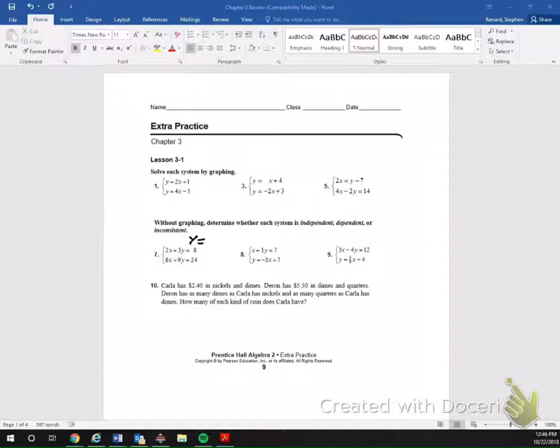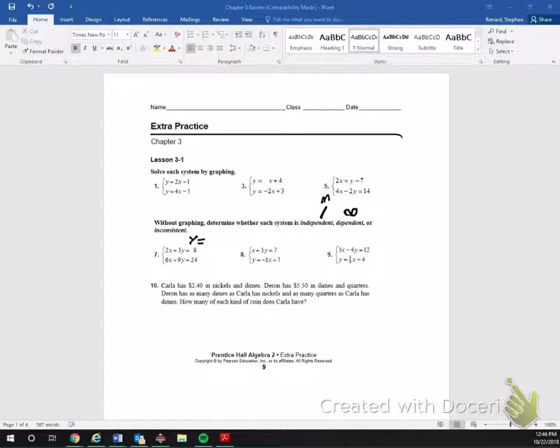So number 7, what we're looking at, without graphing, determine whether each system is independent, dependent, or inconsistent. So remember, independent and dependent. So independent has one solution, okay? And that's what most lines are going to be. Dependent is infinite.